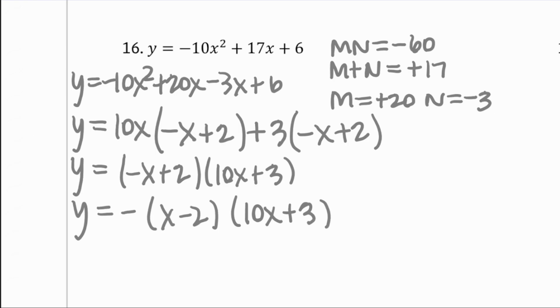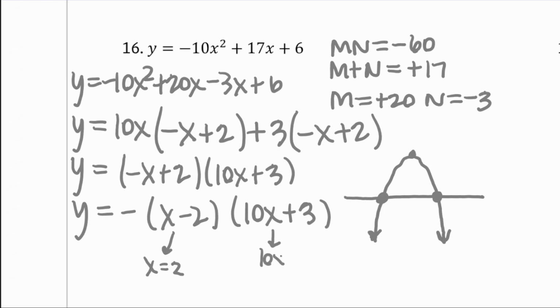Okay, and then I know this is a downward facing parabola because of the leading coefficient being negative 10. And my zeros are going to happen where x equals 2, or where 10x plus 3 is equal to 0.